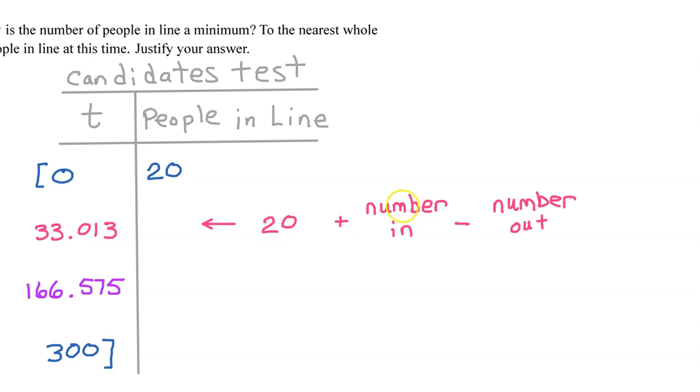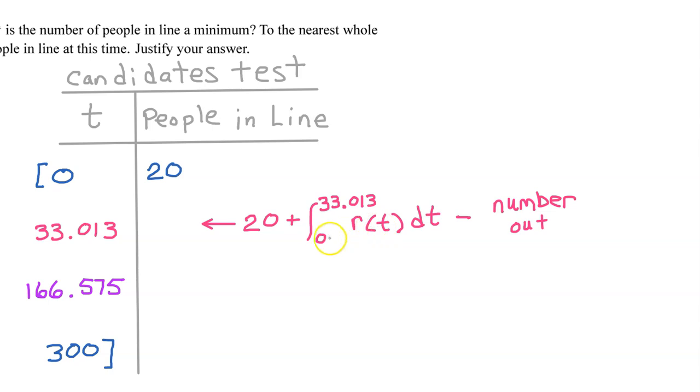We know that the integral of a rate is an amount. So the number of people who enter the line will be the integral of the rate at which people enter the line. So the integral of r of t. This expression represents the number of people who entered the line from 0 seconds to 33.013 seconds.